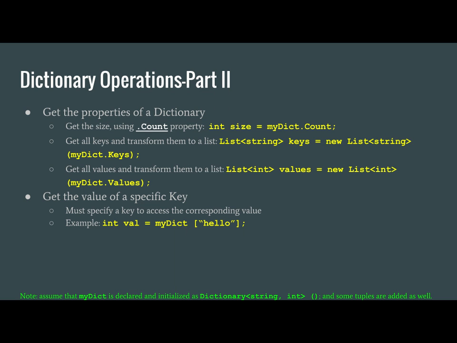The constructor understands what you're passing in, and then creates a list of the keys. And of course, you can do the same thing with values. You can declare a list, use this constructor, and take this argument to convert all the values into a list.